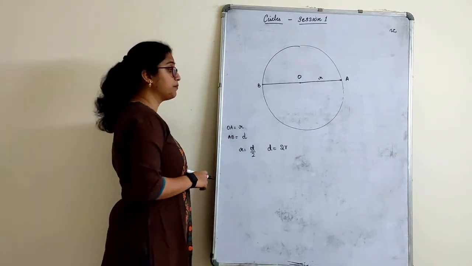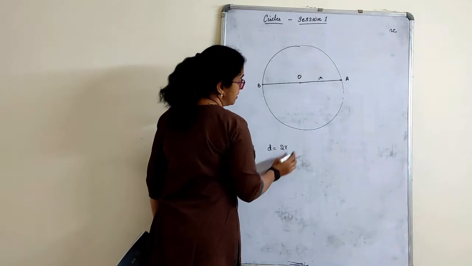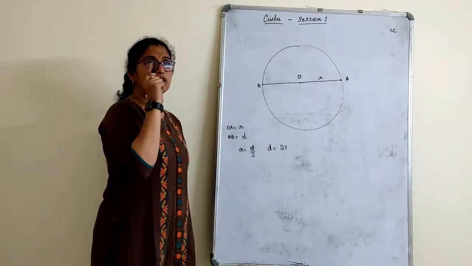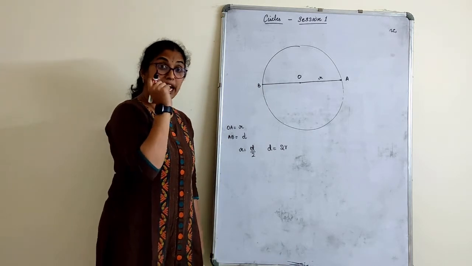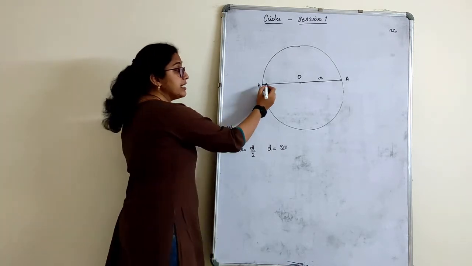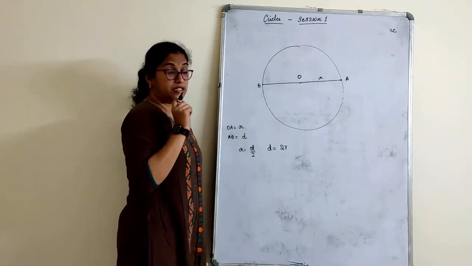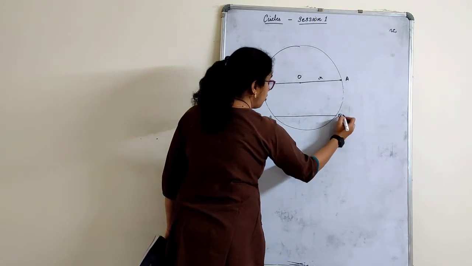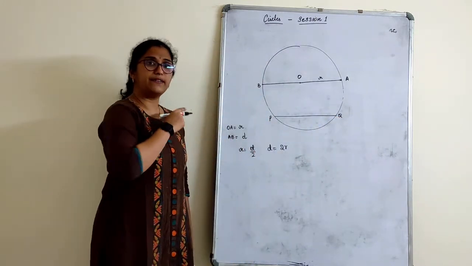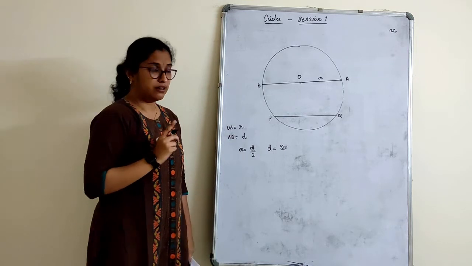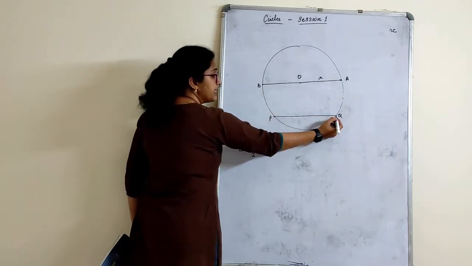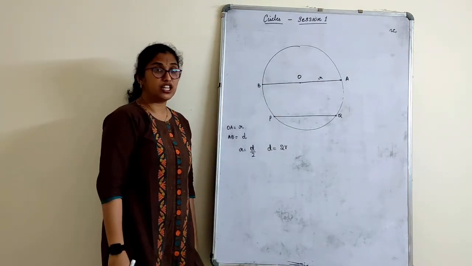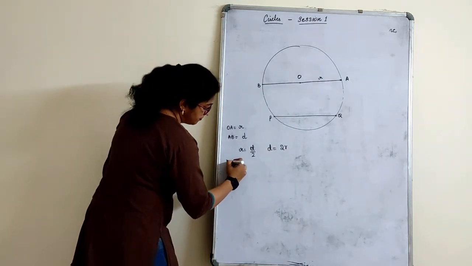We all know that. Now, if this is a diameter, what did I say in the definition? A line segment joining any 2 points on the circumference of the circle, with the condition that it has to pass through the center of the circle. Now if PQ is also joining any 2 points on the circumference of the circle, a line segment which cuts any 2 points on the circumference of the circle is called a chord.